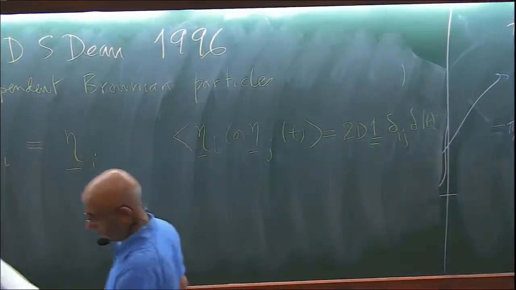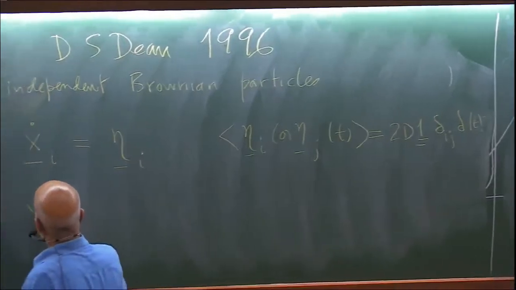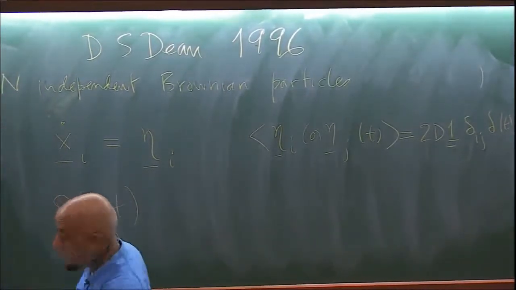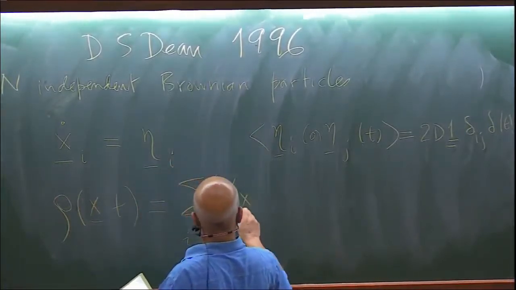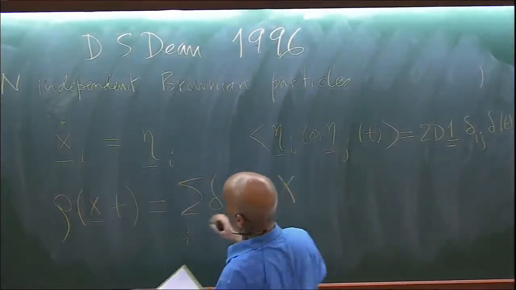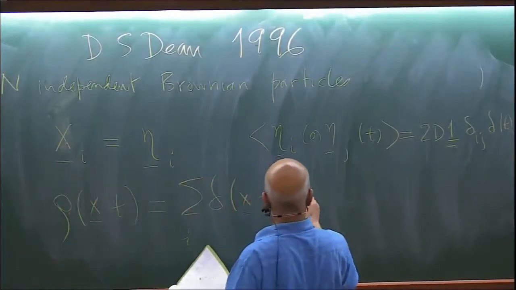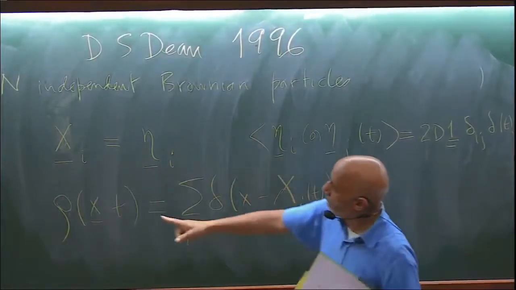N independent Brownian particles. So what Dean said is, let me look at the quantity rho of x and t, not averaged, but just the sum over particles of delta of x minus X_i of t.